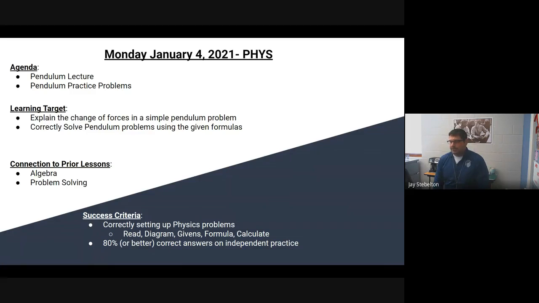What I like to do sometimes with the lecture is practice solving algebraically, just so you know if you're able to do that, especially if you plan on taking Physics B next year.